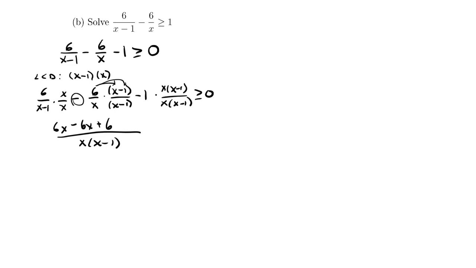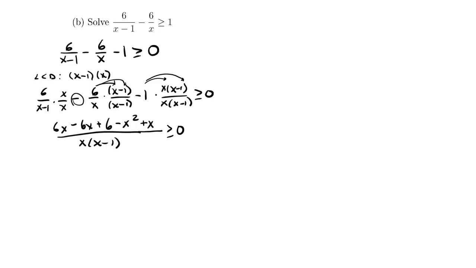All right, then again, I'm going to distribute over here. So the minus x times x is going to give me minus x squared, and the minus x times minus 1 is going to give me plus x, all greater than or equal to 0.